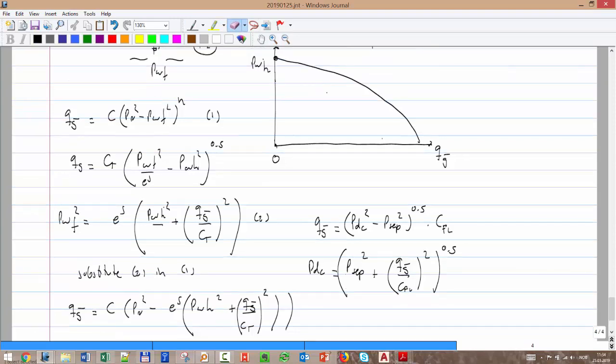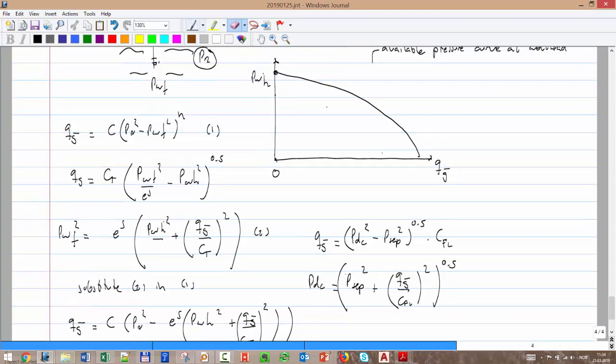If you plot that equation, it will be something like this, going up. What pressure do we have here at 0 rate if the pipe is horizontal? That's PDC, and this one is P wellhead. What pressure do we get at 0 rate for PDC?